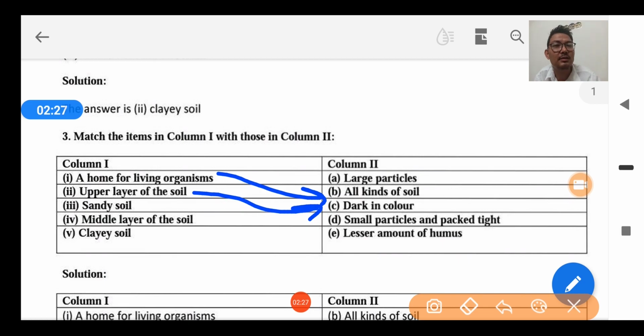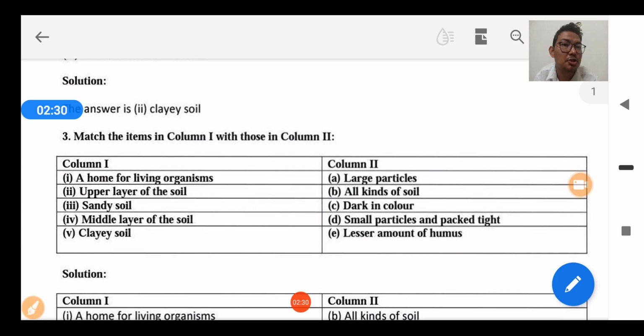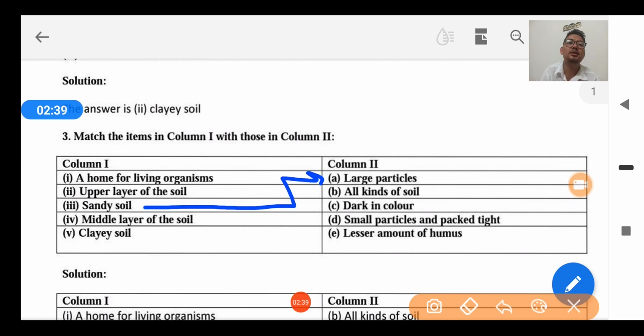Next, question number 3, sandy soil. Sandy soil definitely has larger particles, the sand you have seen in your daily life.